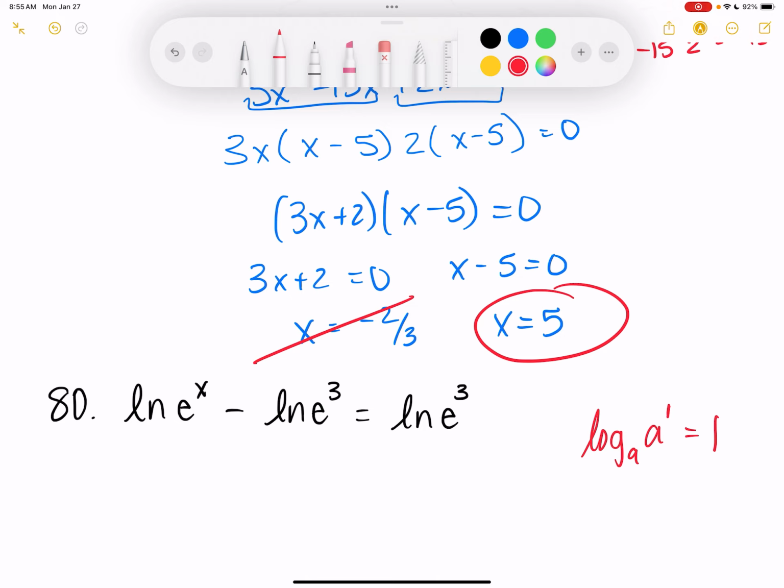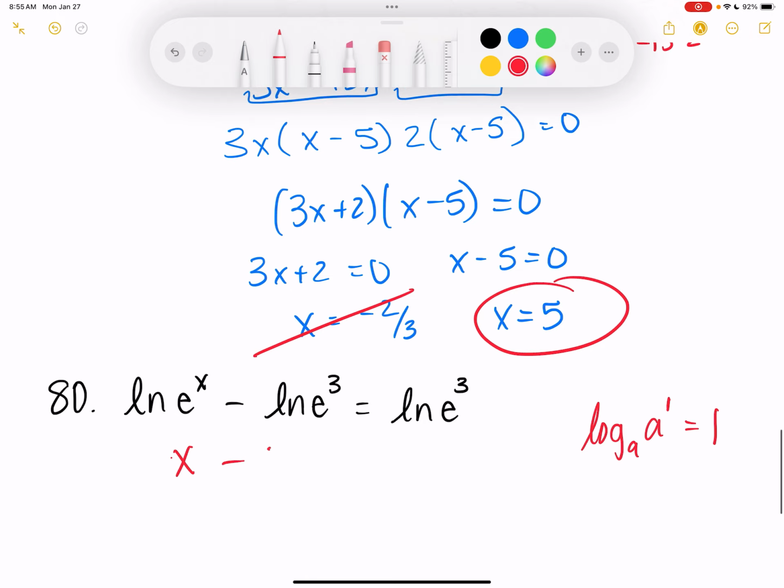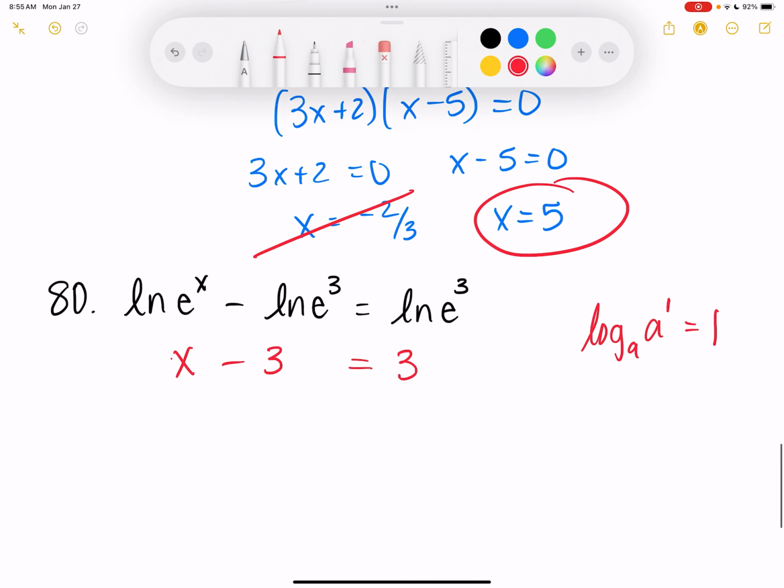It's whatever the exponent is. Yep, so this one would be x. And then here, I've got ln of e, so log base e of e cubed, what is that? 3. So I've got x minus 3 equals log base e of e to the 3 is 3. So I actually just made this problem way easier.